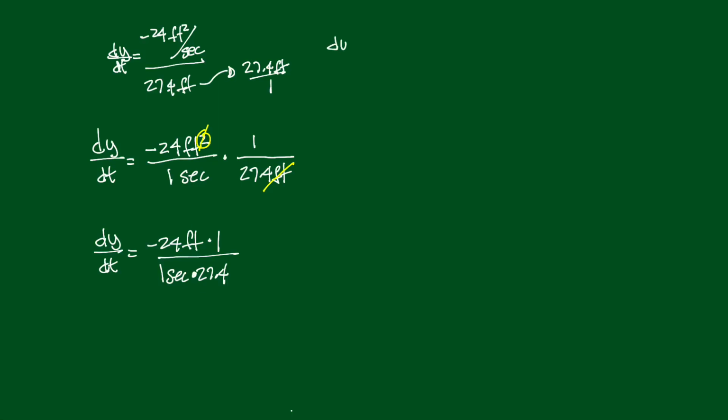So here's what I get. dy/dt is equal to, now, negative divided by positive is going to be negative. When I take 24 and divide it by 27.4 on my calculator, I get negative 0.8759. I'm going to round off in a minute.